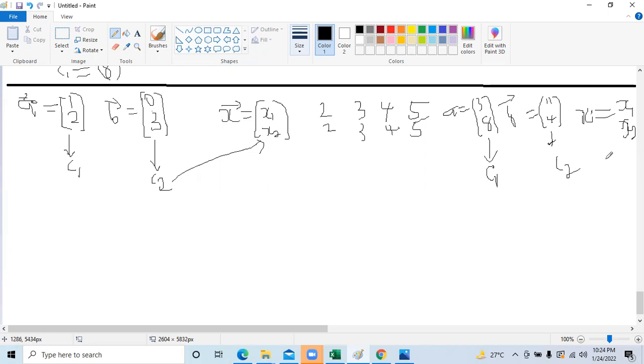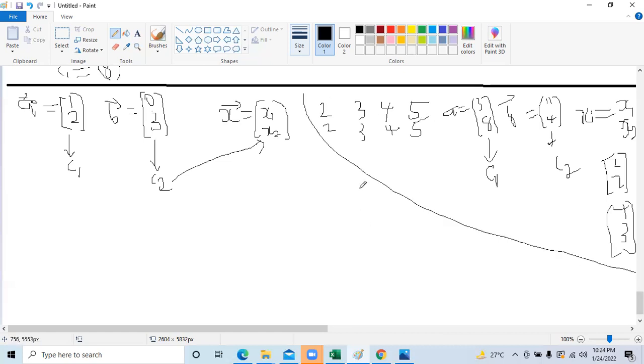Like this X1, X2 could be vector 2, 2 once again. Could be vector 4, 3. I can arrive at any vector just by multiplying these two vectors by a constant.